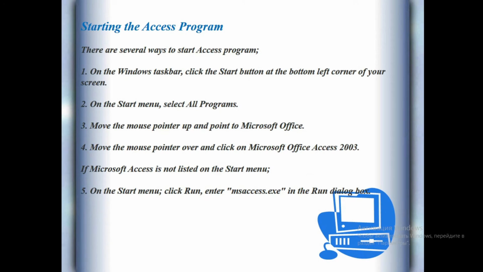Starting the Access program. There are several ways to start the Access program. First, on the Windows taskbar, click the Start button at the bottom left corner of your screen. Second, on the Start menu, select All Programs. Third, move the mouse pointer up and point to Microsoft Office.